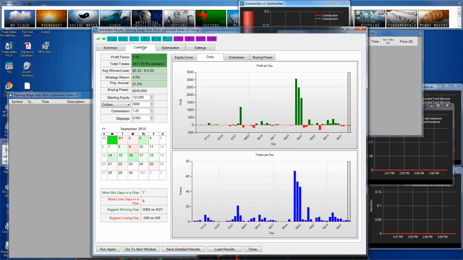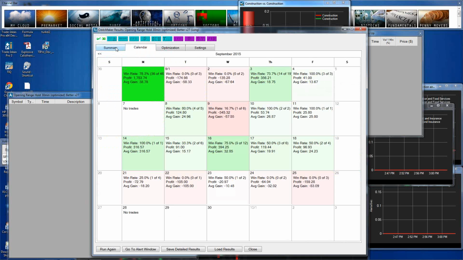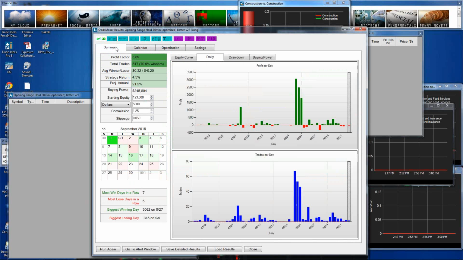So, I hope that was enough. It's just barely scratching the surface of the odds maker, but that gives you an idea of what it can do. And by the way, when we did run that scan, we backtested 347 trades in a matter of seconds. When you're just starting off trying to find these strategies, you might generate data sets that have 3,000, 5,000, 6,000 trades in there.